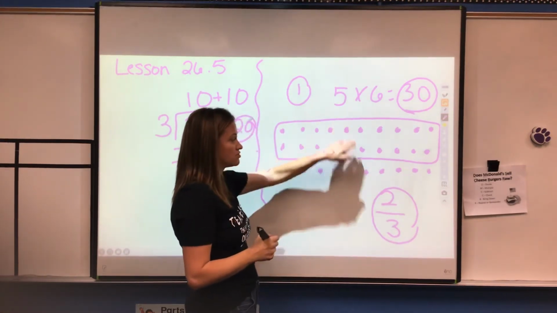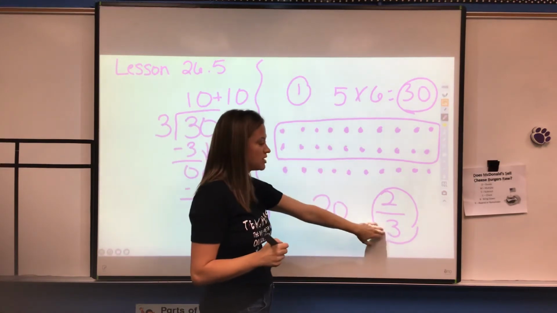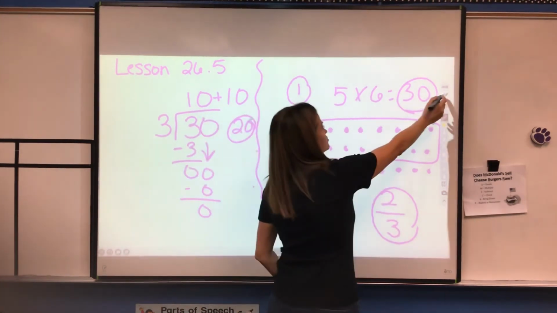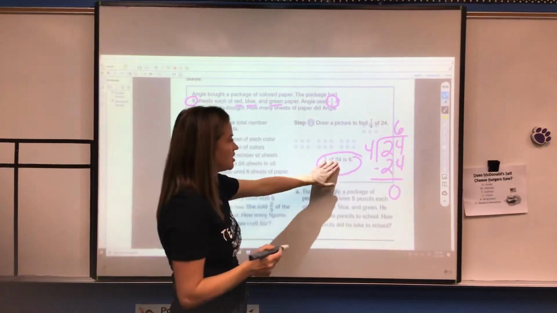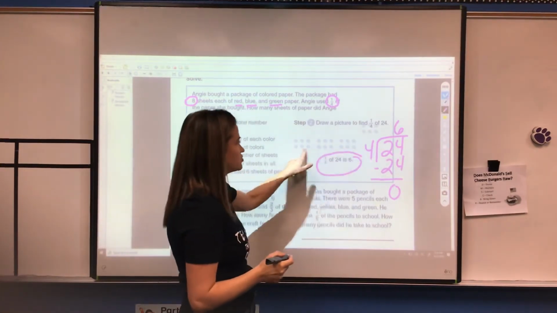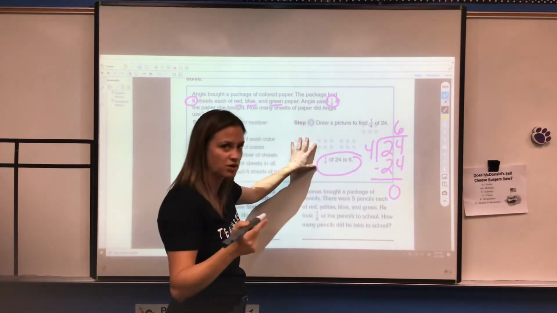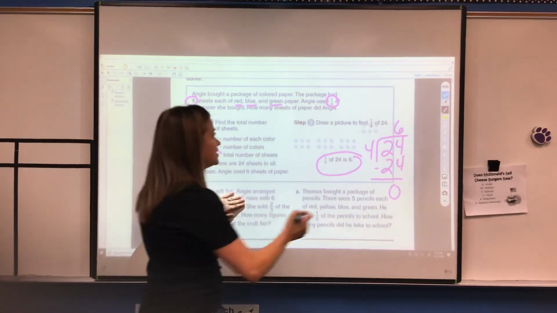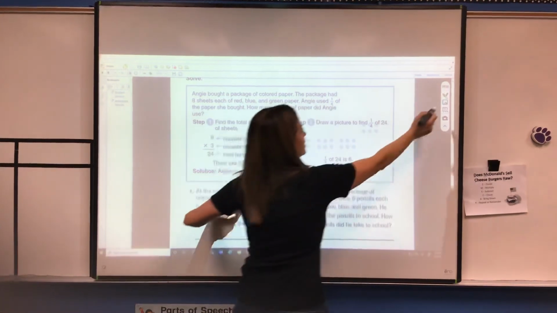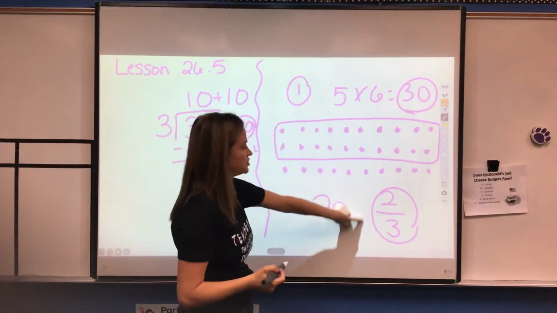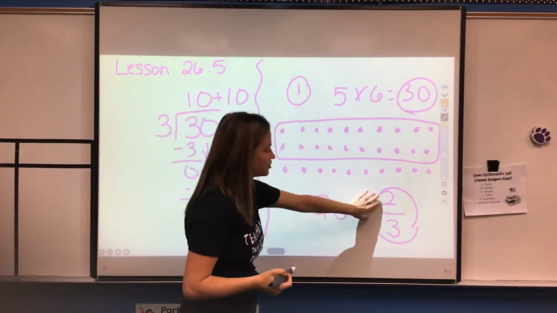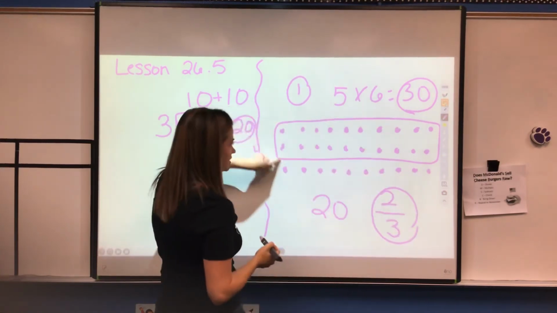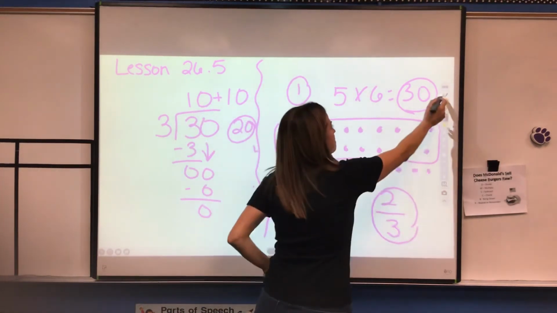So if your denominator is 3, you need 3 rows. But as you saw in our example problem, the denominator was 4, so they had to make 4 different groups, okay? So your answer for number 1 should be 20, because 2/3 of 30 is 20, okay?